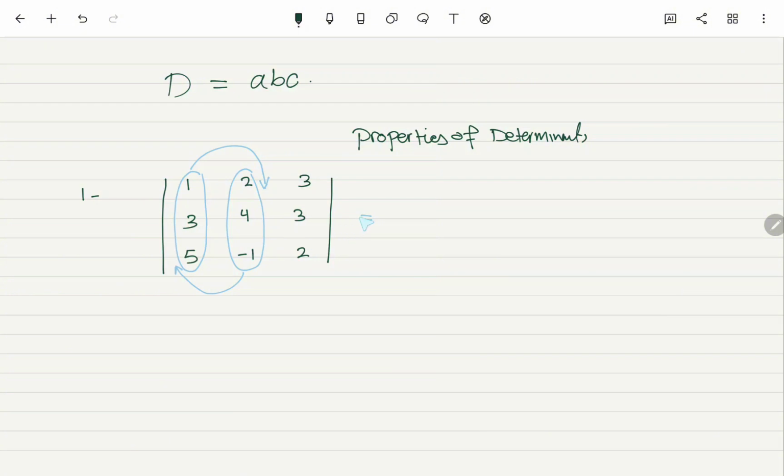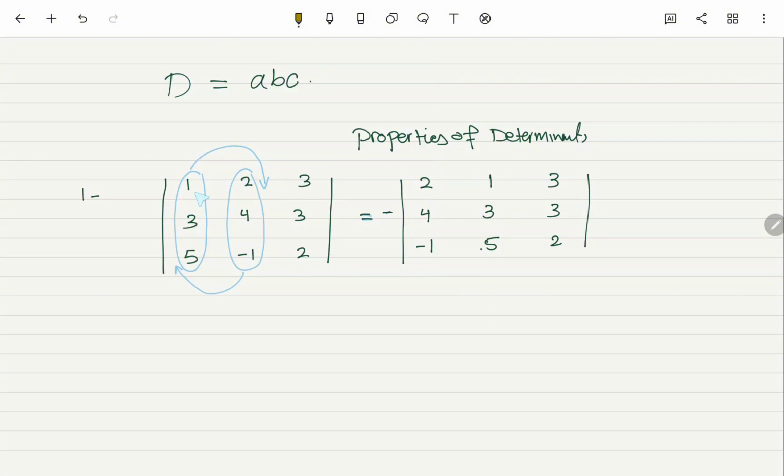After doing this procedure, you will get 2, 4, minus 1, 1, 3, 5, 3, 3, 2. Now this determinant equals this determinant with minus sign, the same value with negative sign.